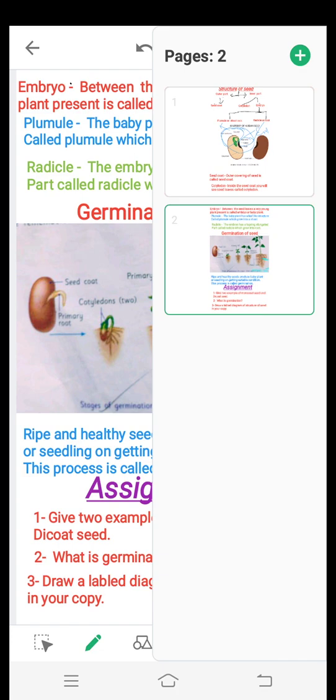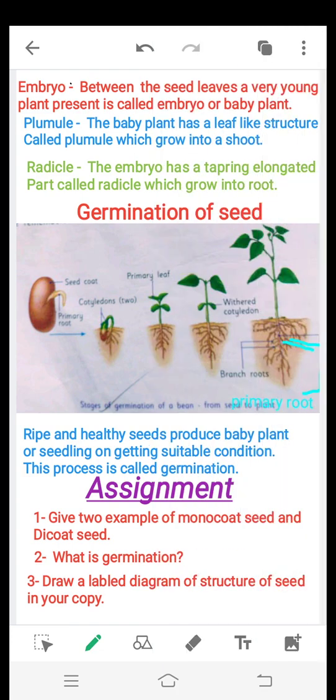Now embryo. You can define the embryo as the very young plant present inside the seed, called embryo or baby plant.